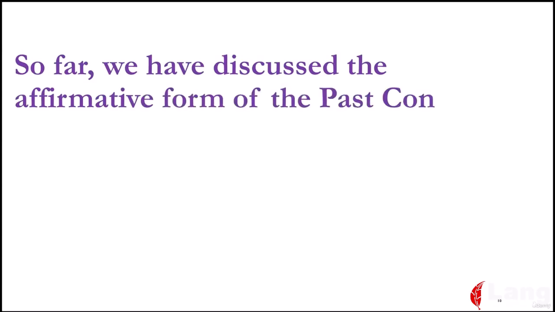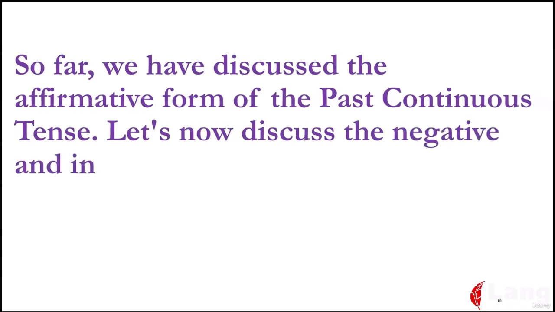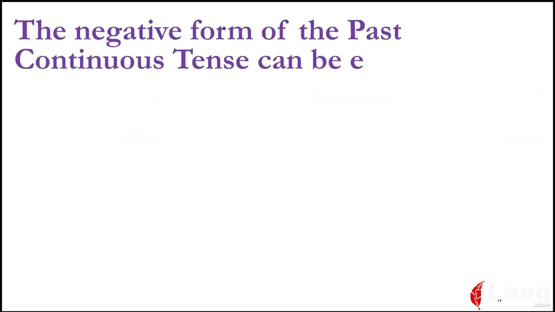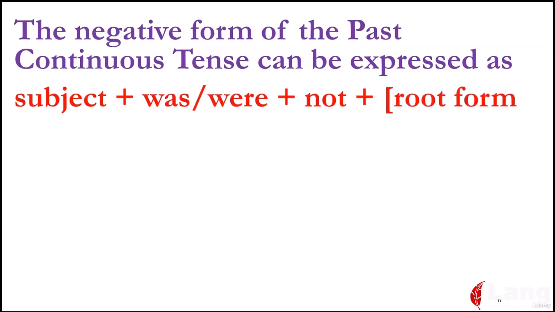So far, we have discussed the affirmative form of the past continuous tense. Let's now discuss the negative and interrogative forms. The negative form of the past continuous tense can be expressed as subject plus was or were plus not plus root form of the verb plus ing.